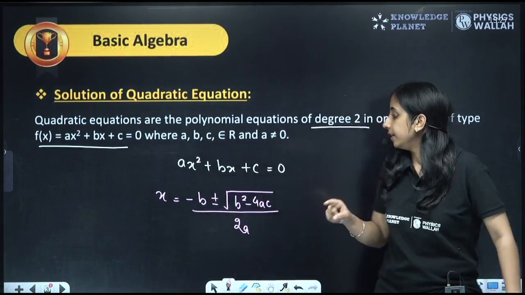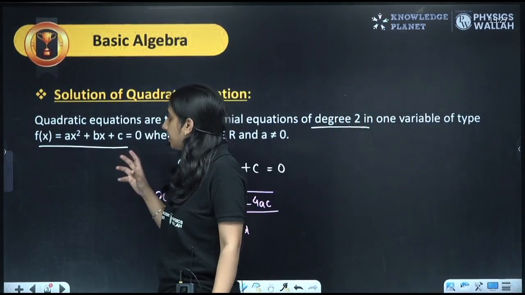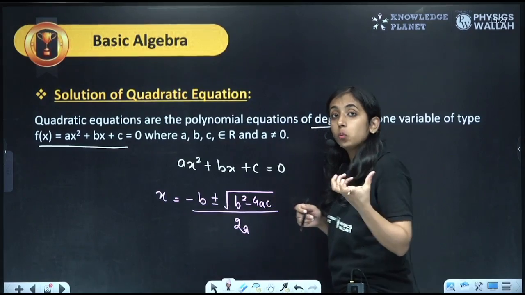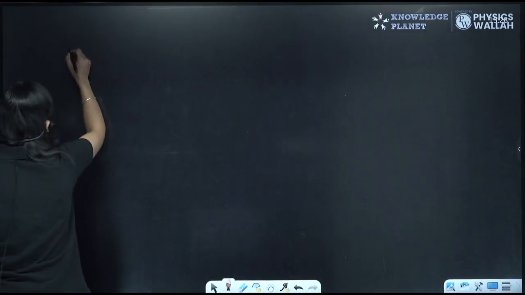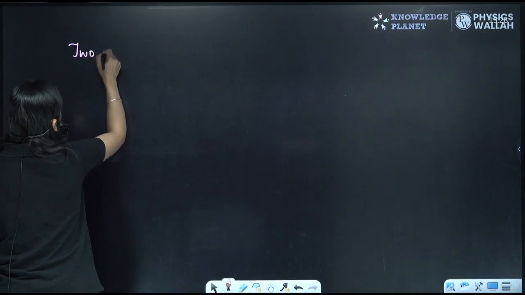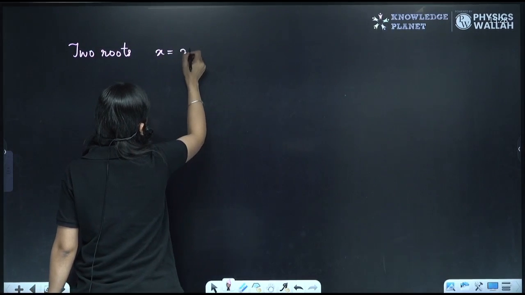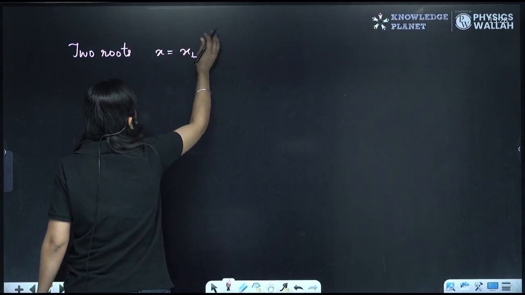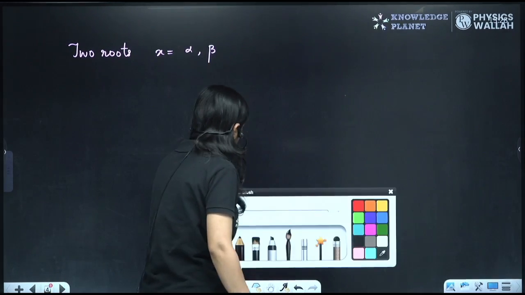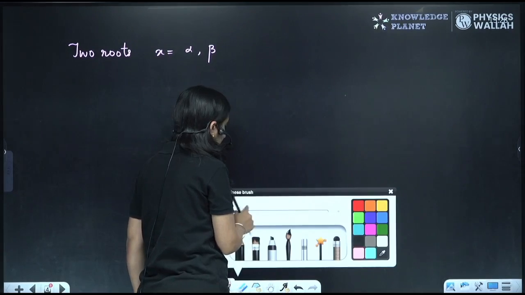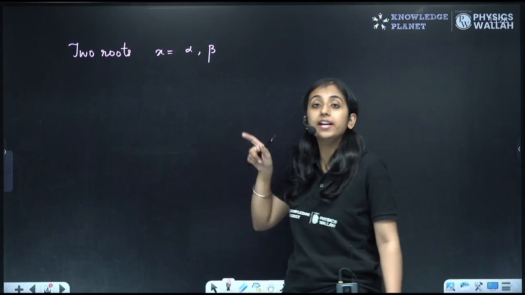Now see, depending upon the plus and minus, we have two roots to this equation. So we will have one x1 and one x2. So a quadratic equation will have two roots of the equation. Let's take alpha and beta. So if my two roots of the quadratic equation are alpha and beta, then these are those values of x which satisfy this equation.